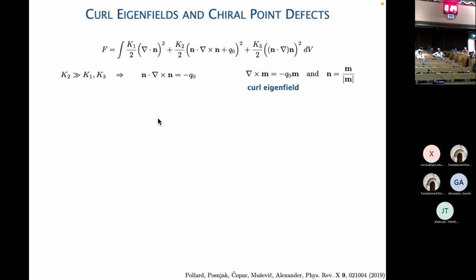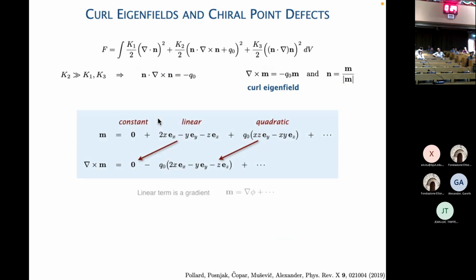And the strategy for studying them is the typical one that physicists do. We're going to write down a little Taylor series and look at it and see what we can pull out of it. So here's the Taylor series for a zero. The constant part of the vector is 0 because I want it to vanish. Then it has a linear piece, then a quadratic piece, then higher order pieces that I hope I never have to think about.